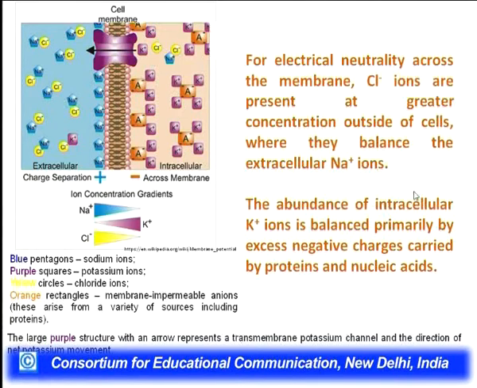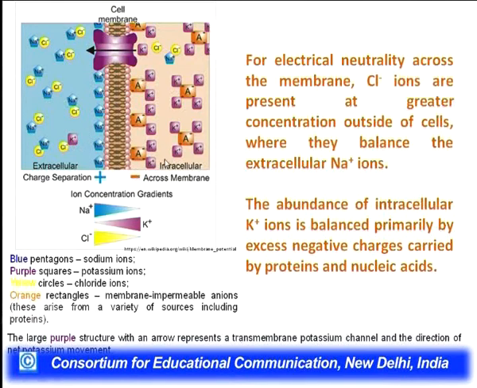So, for electrical neutrality across the membrane, chloride ions are present at greater concentration outside the cells where they balance the extracellular sodium ions, and the abundance of intracellular potassium ions is balanced primarily by excess negative charges carried by the proteins and nucleic acids. In that way, some kind of neutrality is maintained.